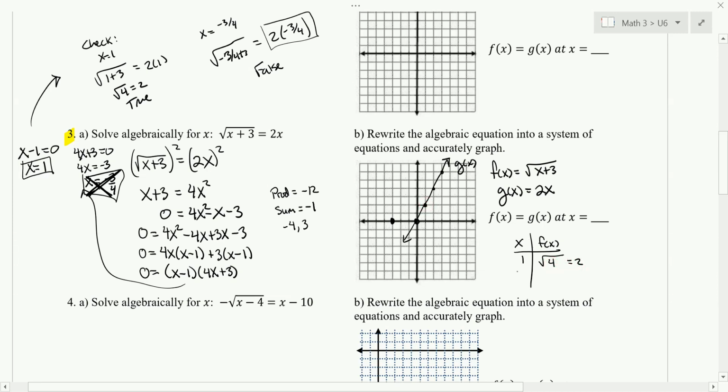If I plug in a negative 2, I get the square root of negative 2 plus 3, or square root of 1, which is 1, so negative 2, 1. And you see that they both cross when x is 1, which is the same solution we got in part A.